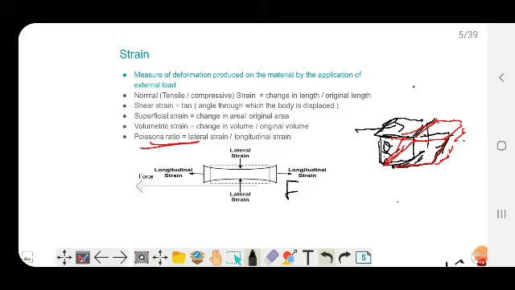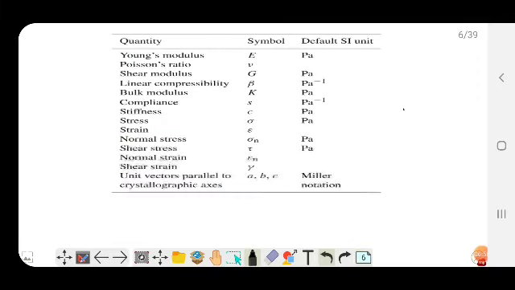To take into account the lateral deformation, we have coined a new term, Poisson's ratio. It is given by the ratio of lateral strain to longitudinal strain. So these are the symbols we will be using, and some terms are new to you. We will be going into them.